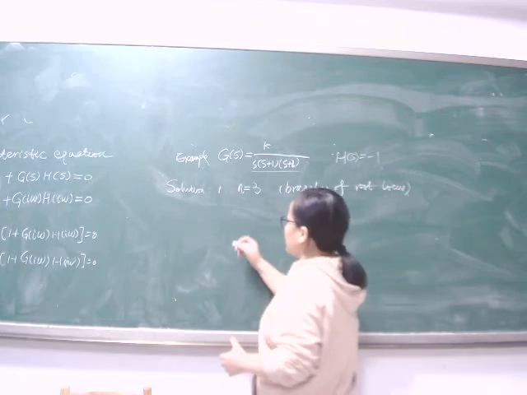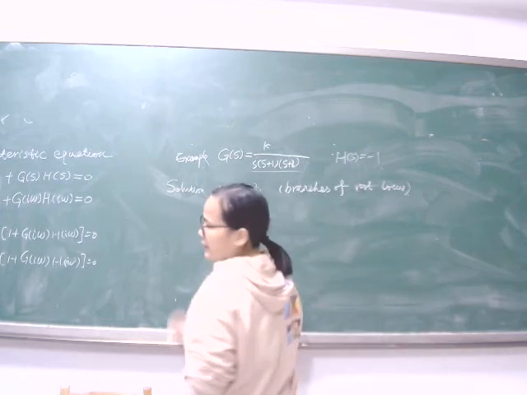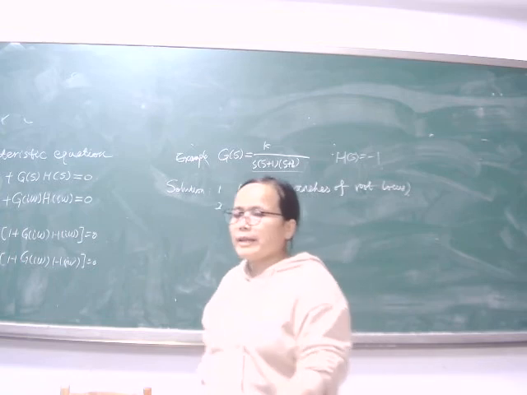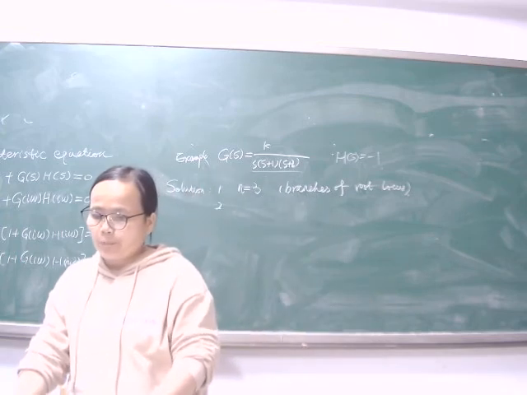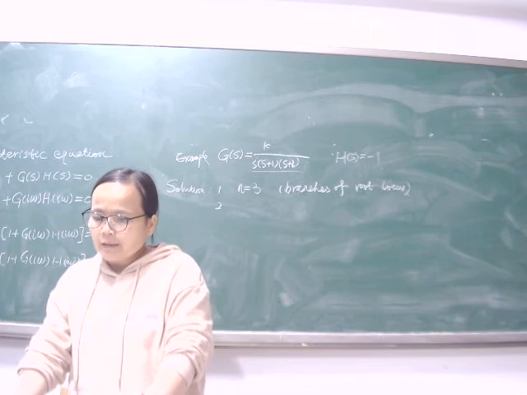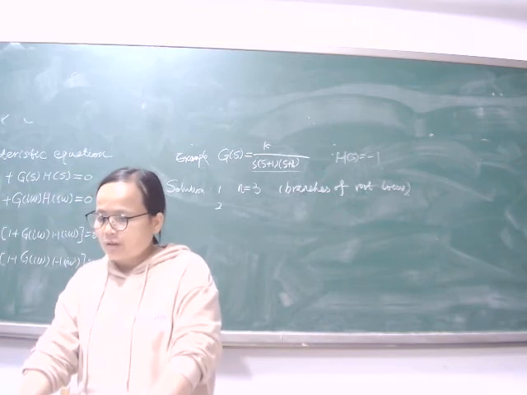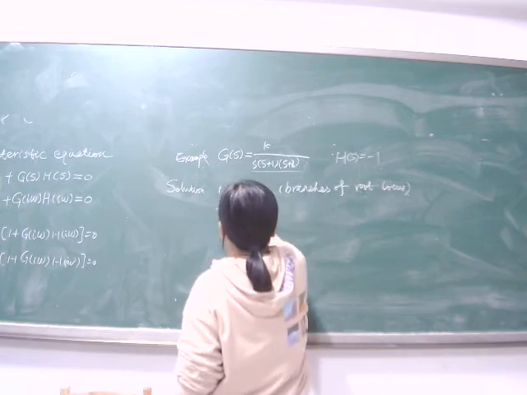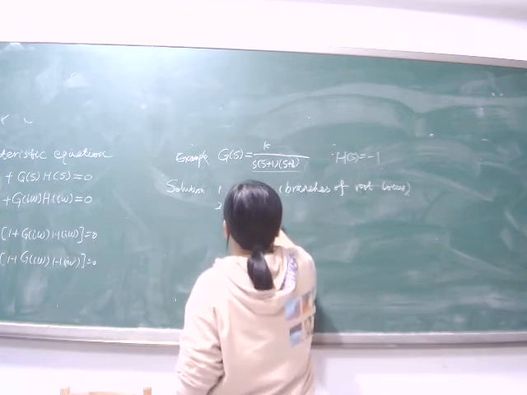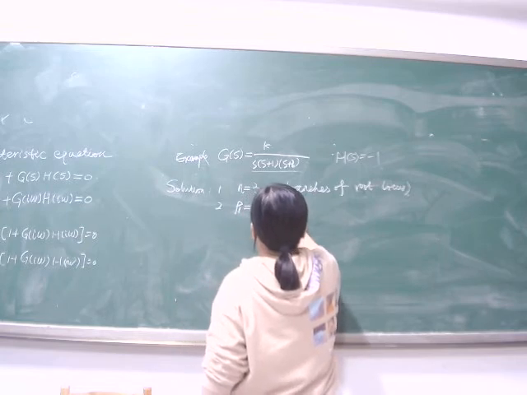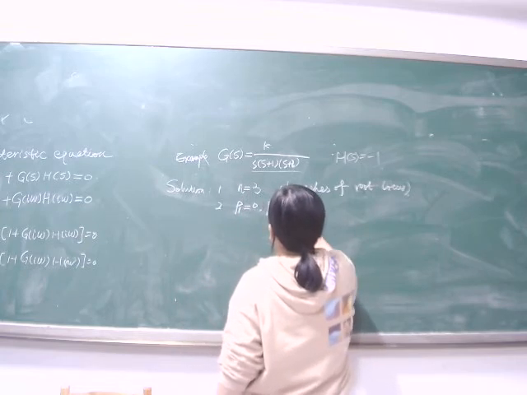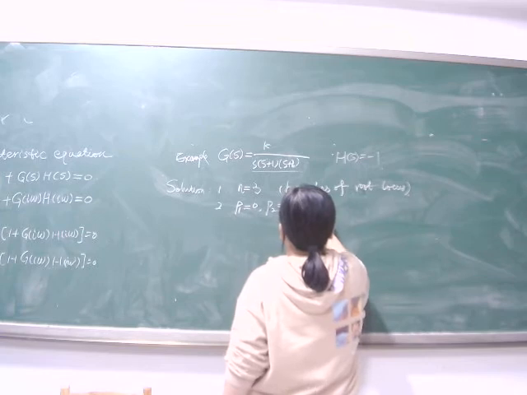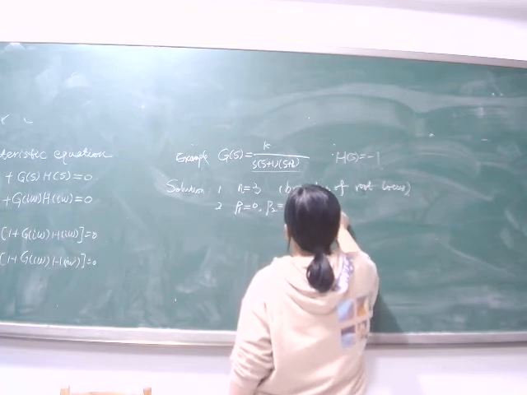But second, we should determine the poles, and it includes 3 poles. P1 is 0, P2 equals minus 1, P3 equals minus 2.